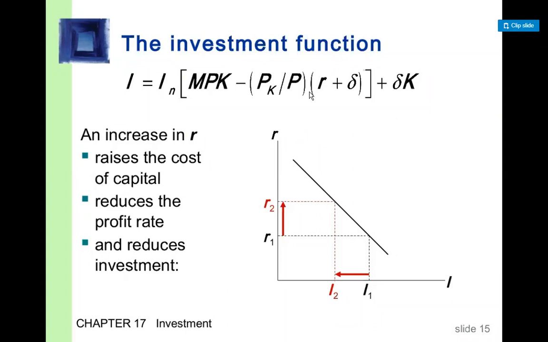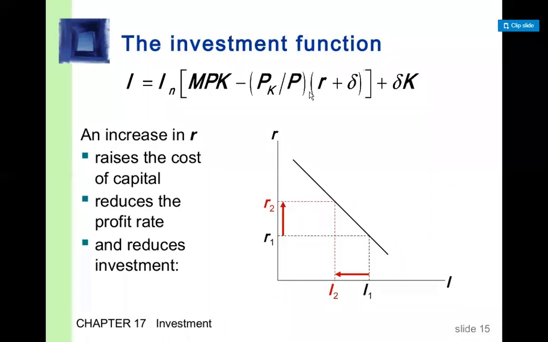Why does the investment function is negatively sloped? And how does the investment function shift up or down? That is the question. You please write.